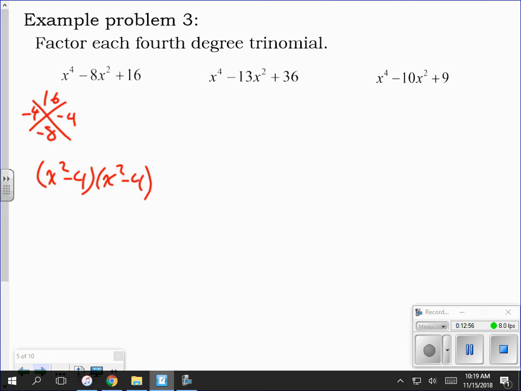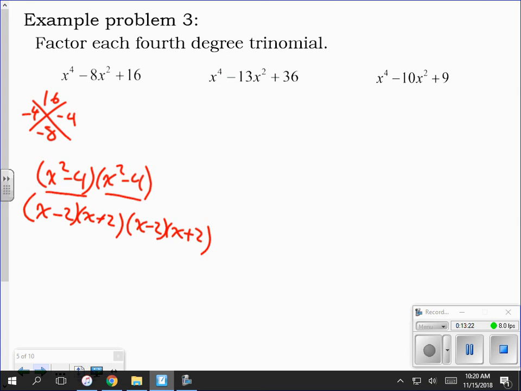I have the difference of 2 squares, sorry, my bad. The difference of 2 squares, which means that x squared minus 4 is x minus 2, x plus 2. That's for that one. And then I have another set for the other one.